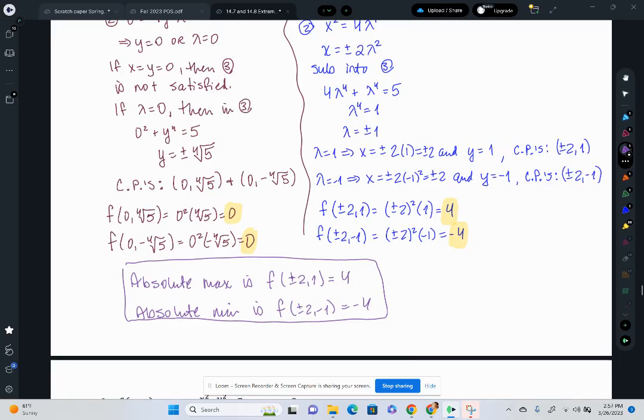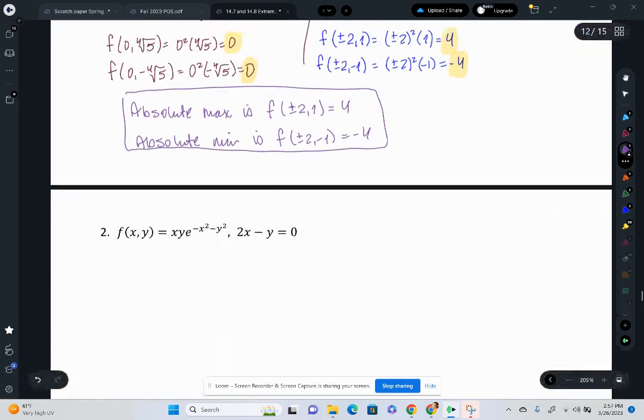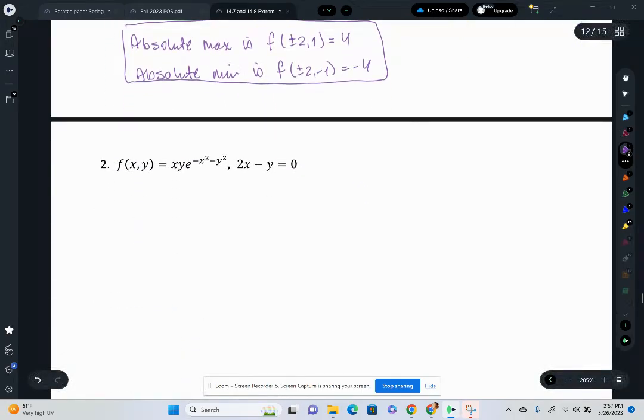Okay, another problem. f of x y is equal to x y e to the negative x squared minus y squared. That is going to be what we're optimizing. And the 2x minus y equals 0, this is our constraint because it's equal to a number. That's how we know.